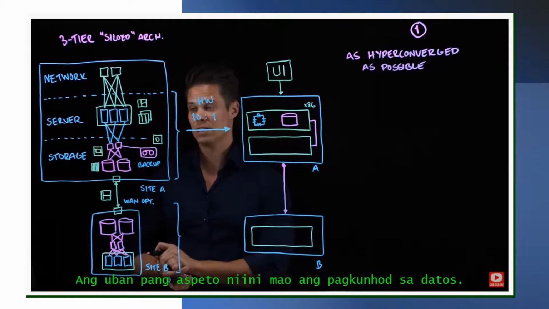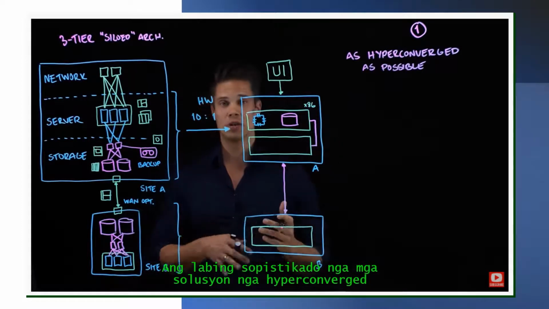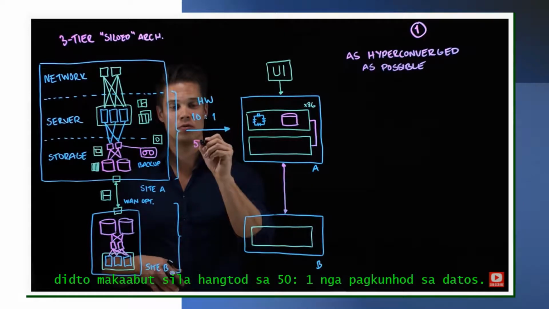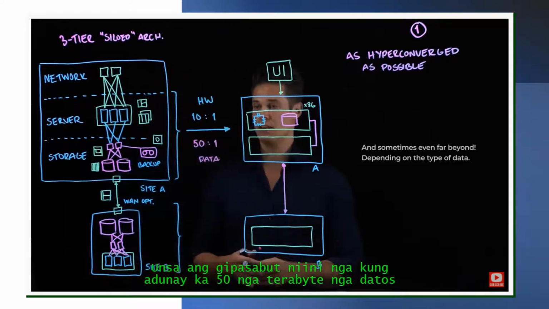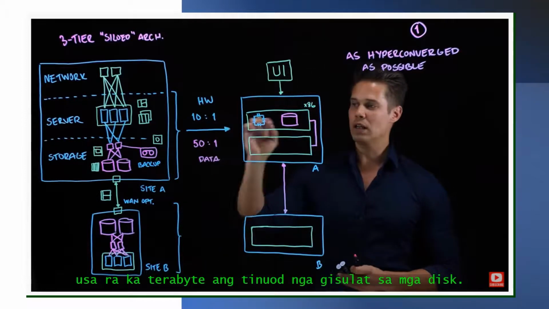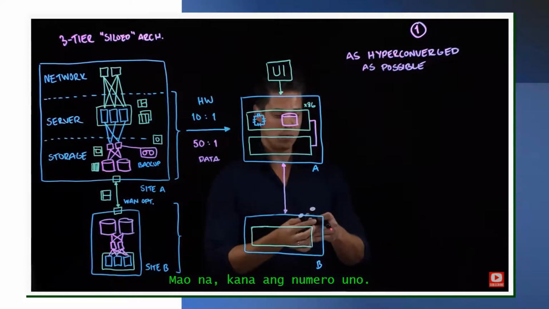The other aspect of this is the data reduction. The most sophisticated hyperconverged solutions out there, they can reach up to 50 to 1 data reduction. What this means is that if you have 50 terabytes of data, only 1 terabyte is actually written on the disks. So that's number one.